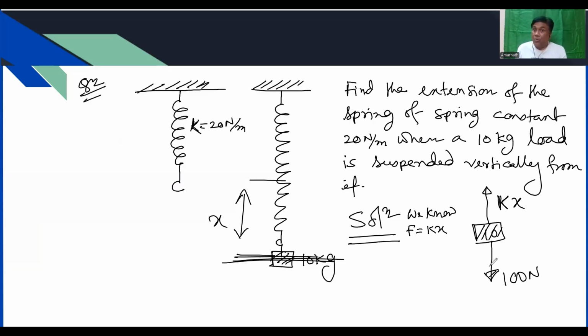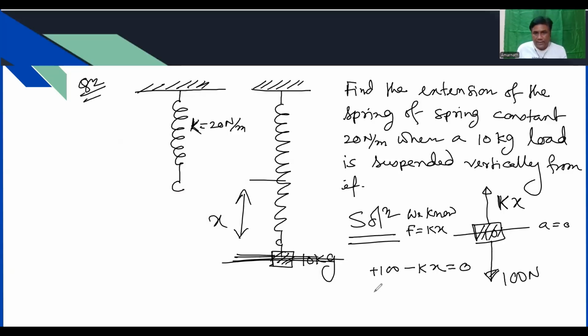So if I take the downward force as positive 100, the upward force automatically will be negative, because they have opposite directions. Then it equals mass into acceleration, but acceleration is zero. It is stationary.